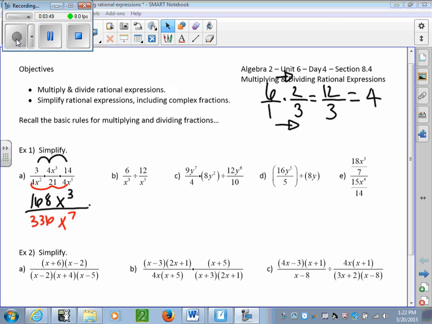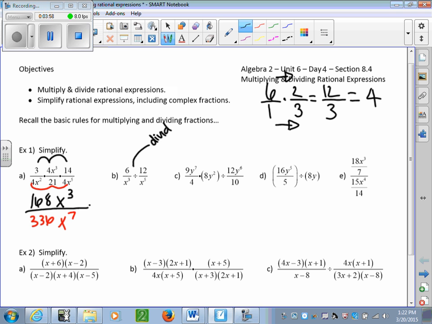So we're going to turn any division of rational expressions into multiplication. So if we're dividing, we're going to change it. The little diamond there means change, or I'll just write change just so no one gets confused.